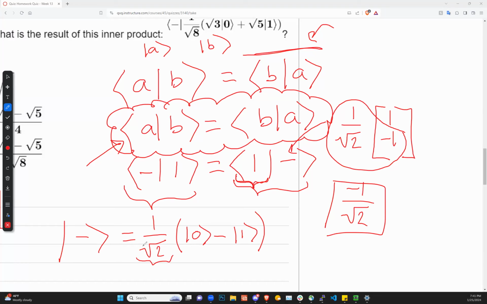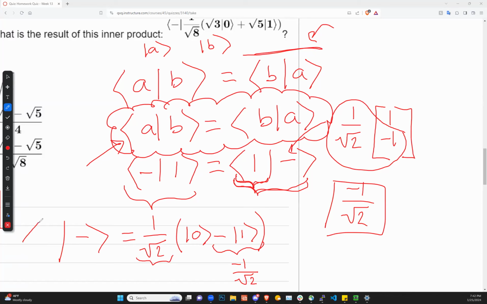The reason I told you to remember this is because this is also part of the coefficient. And so the coefficient in front of the one state is -1 over the square root of 2. That is what we're talking about when we're talking about amplitudes. It's just these things that we're multiplying these kets by. So when we take the inner product, all we're doing is extracting amplitudes.